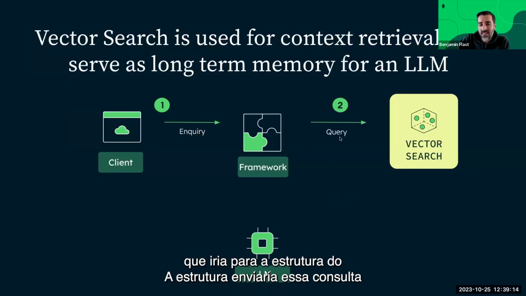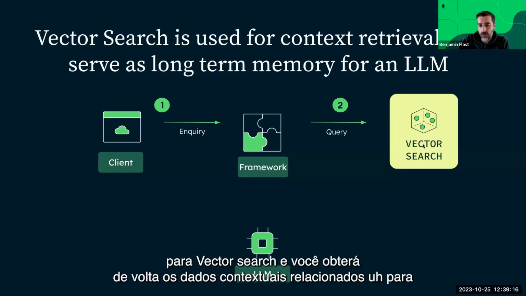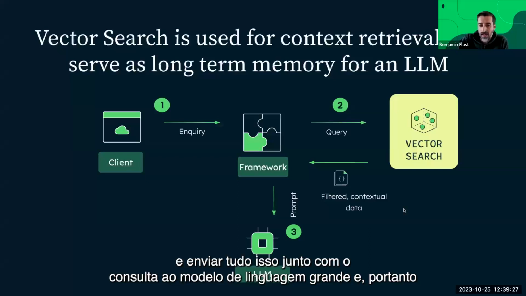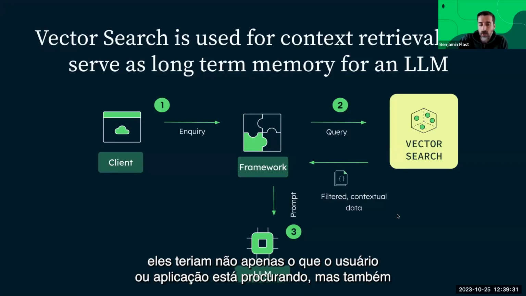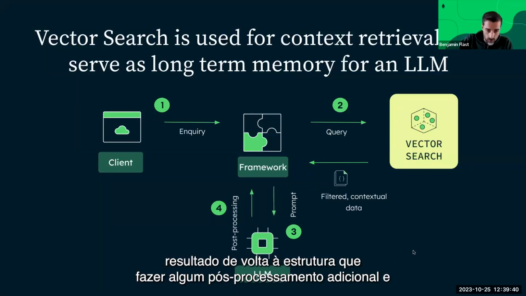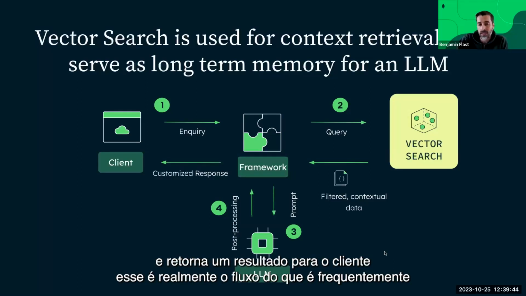The framework would then send that query over to vector search, and you would get back the related contextual data for that specific query. Then the framework would take that filtered contextual data and send all of it along with the query to the large language model. So it would have not only what the user or application is looking for, but also the context it needs to answer that question. With that, it would return a result back to the framework, which would do some additional post-processing, and then return a result back to the client.